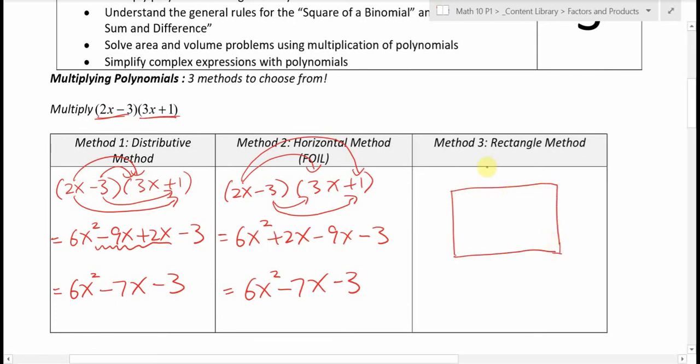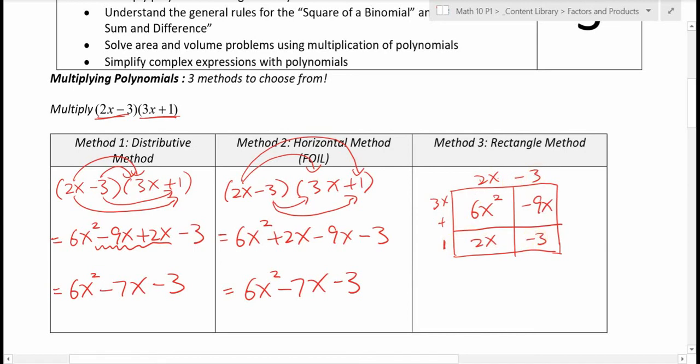So I'm going to split this into 2x minus 3 and then 3x plus 1. You have 2x times 3x, which gives you this piece right here, 6x squared. You have 3x times negative 3, which gives you the negative 9x right here. You have 2x times the positive 1, which is 2x. You have the positive 1 times negative 3, which gives you that piece right there.